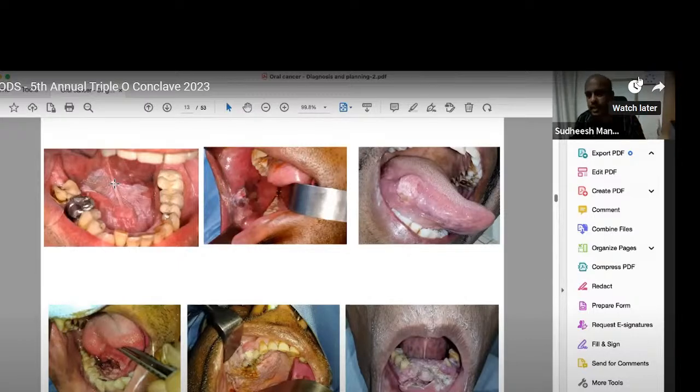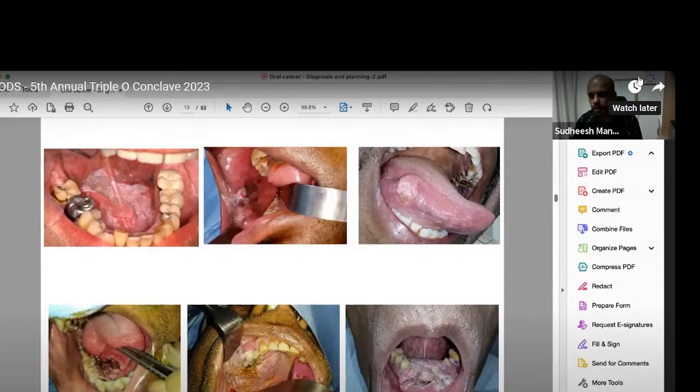But the most potent, the worst prognostic indicator is the presence of dysplasia. If the patient has dysplasia, that means there is a high chance of malignant transformation of that lesion in future.